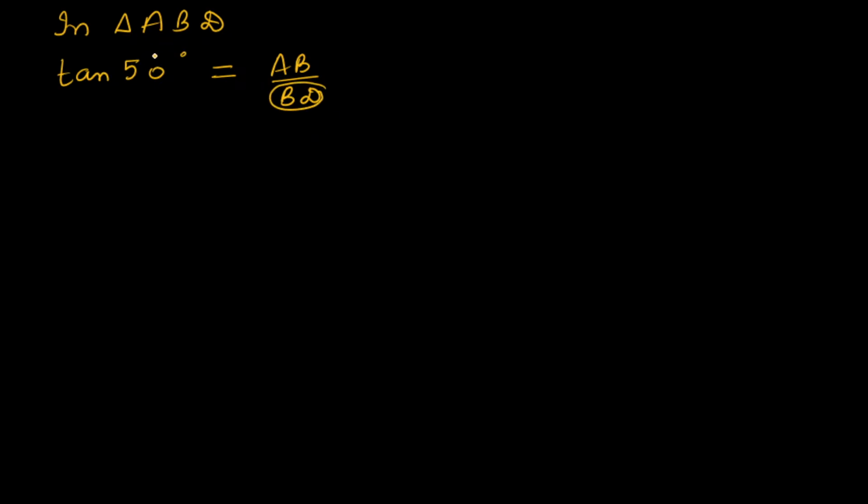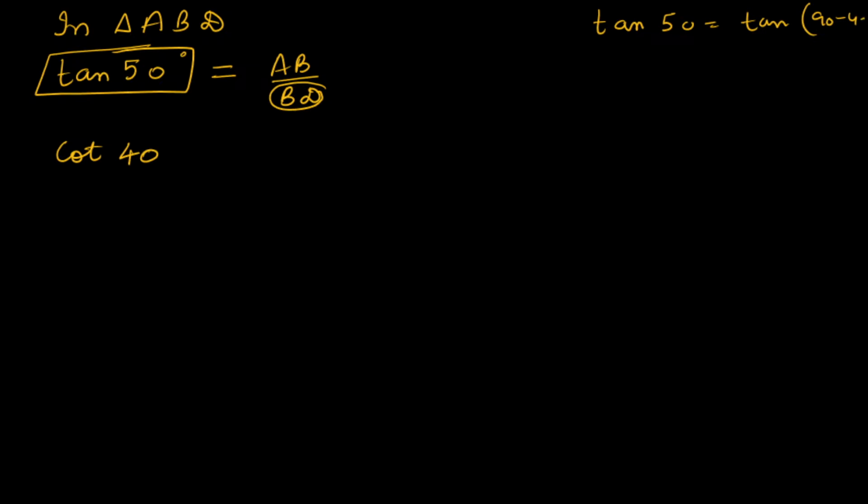So here the complementary angle we can use, so that the division changes to multiplication. Instead of tan 50, I can write cot 40, because cot and tan are reciprocal relations. So tan 50 I can write as tan (90 minus 40), which is equal to cot 40.